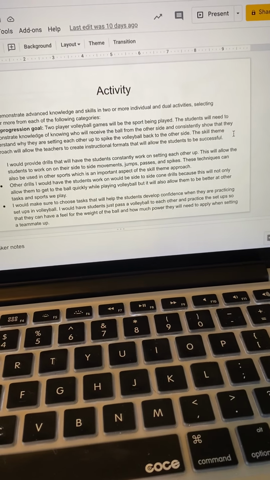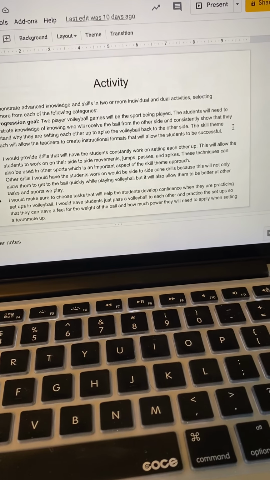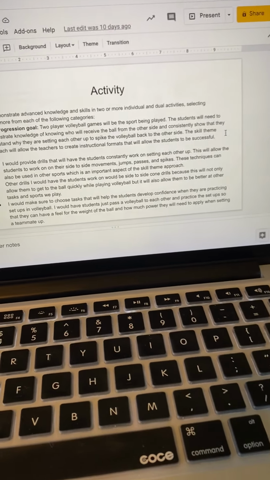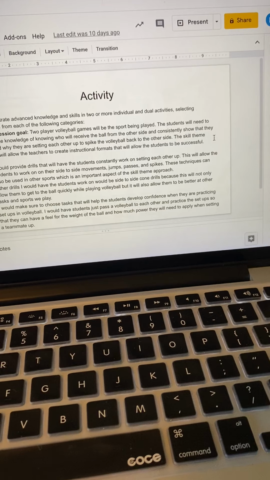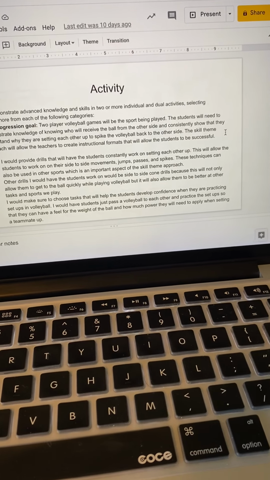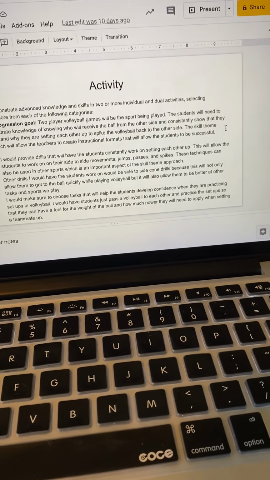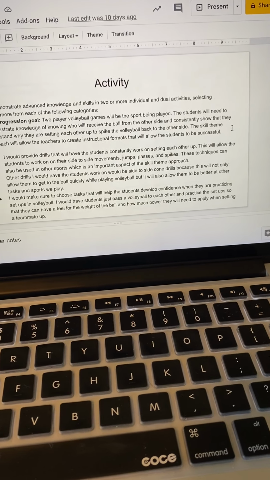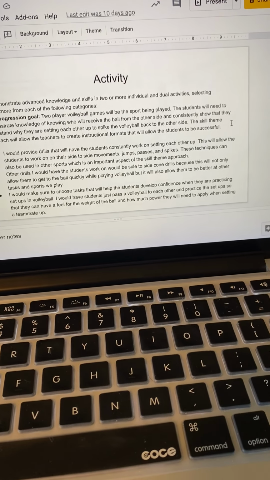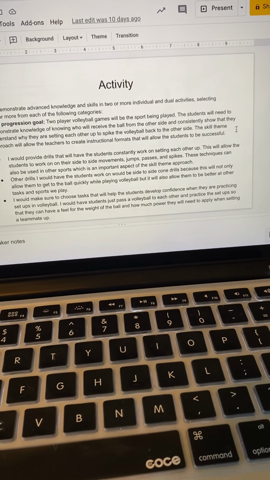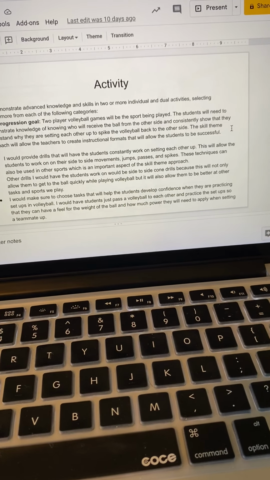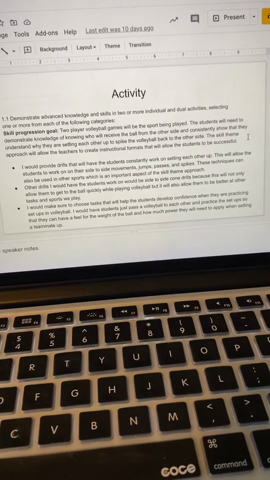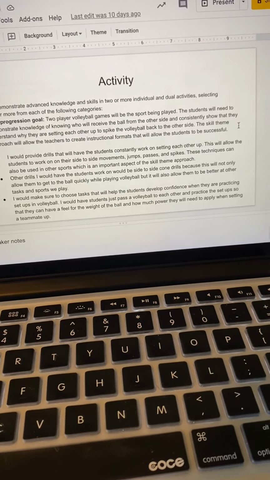Other drills I would have the students work on would be the side to side cone drill, because this will not only allow them to get to the ball quickly while playing volleyball, but it will also allow them to be better at other tasks and other sports that also need side to side movement and quick reaction time.